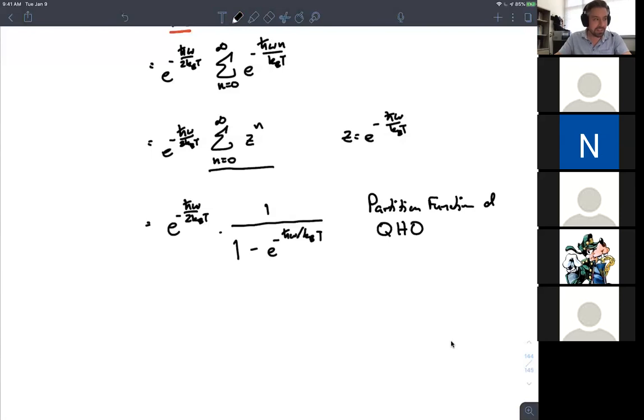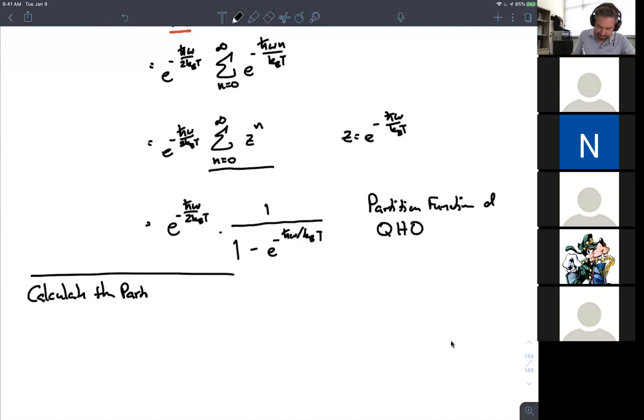And you will notice that this looks remarkably similar to that which we calculated for bosons. So if we just remind ourselves, if we calculate the partition function for bosons, we've already done this, and just to keep things simple, we'll do it with chemical potential equal to 0.